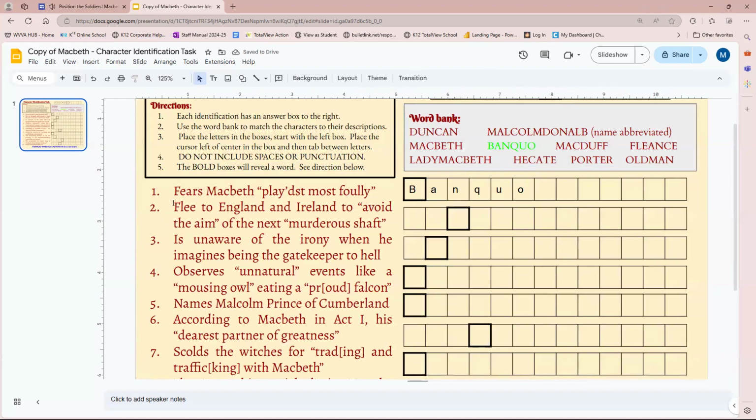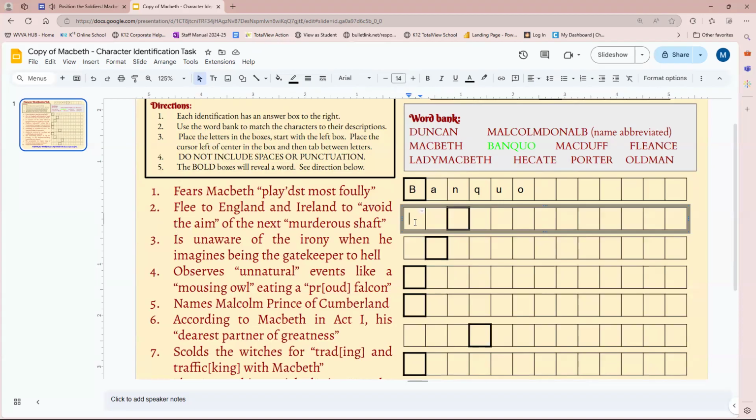Right. Who flees to England and Ireland to avoid the aim of the next murderous shaft? That would be the king's sons. Remember, they ran away because, one, they thought they would be next to be killed, and then Macbeth used that to blame them.